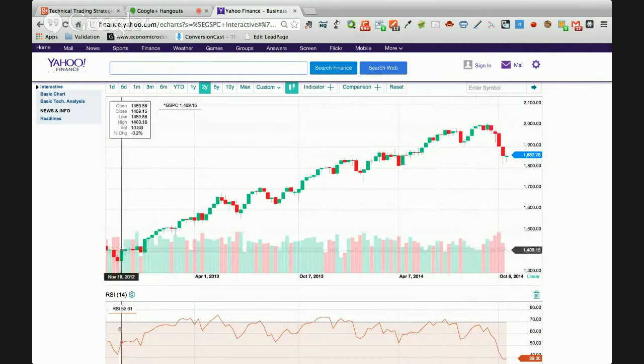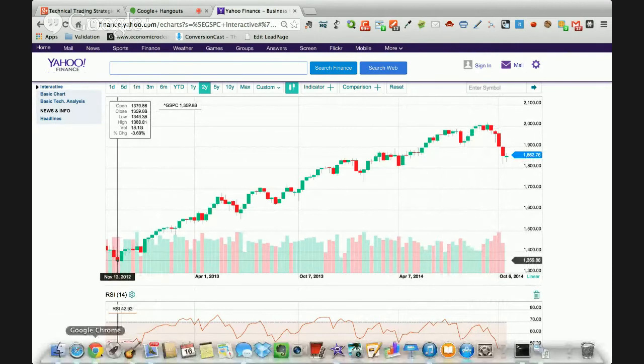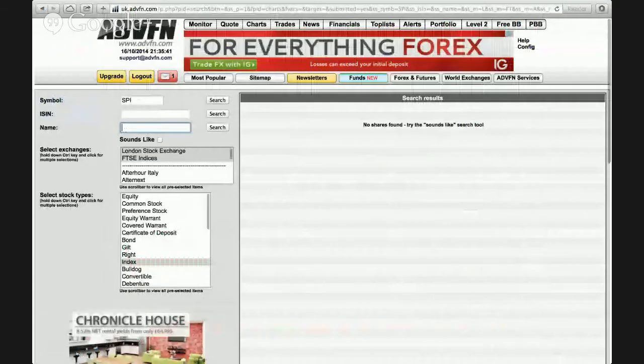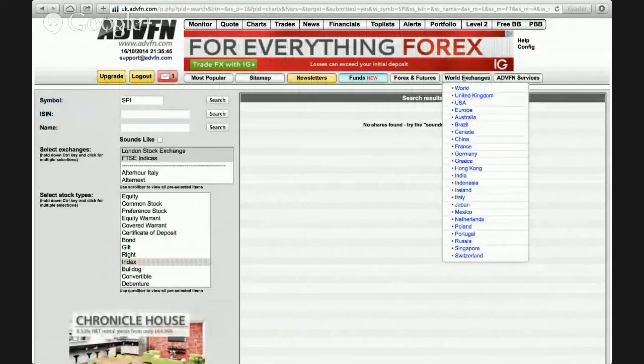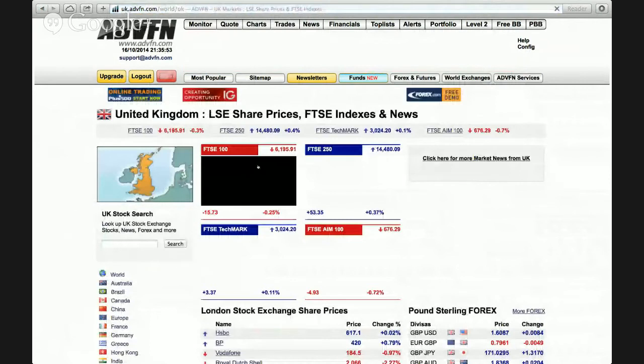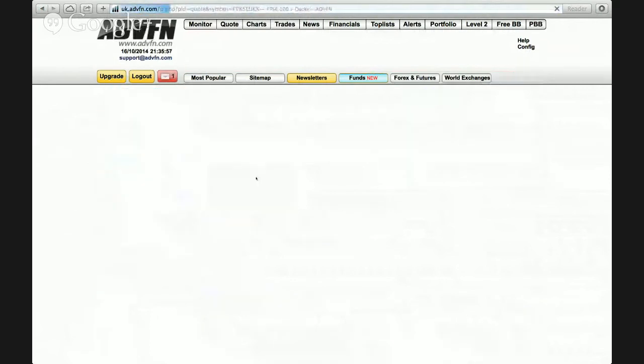I'm just going to go back to ADVFN and see what else we might have. We may look at the FTSE 100 and see, does it give us something similar or somewhat different?